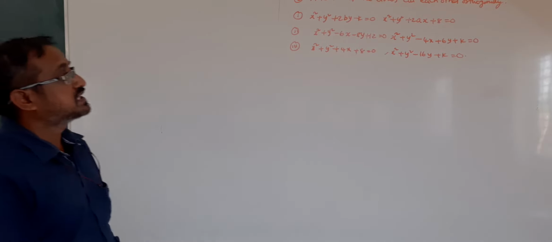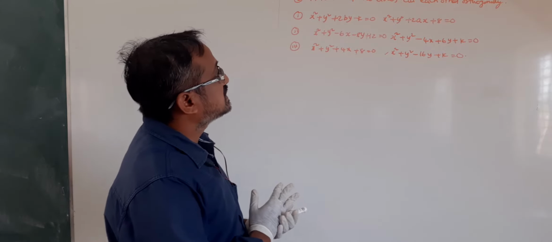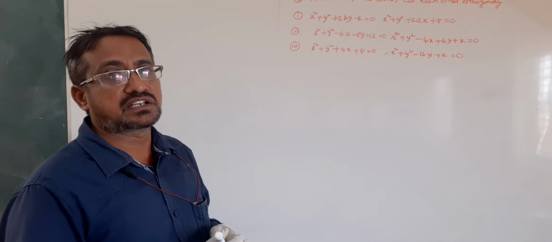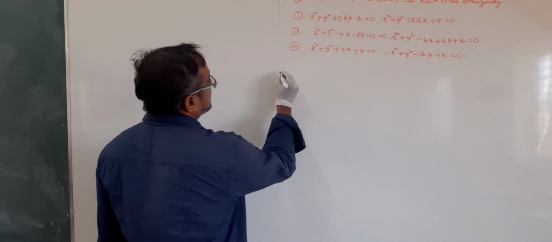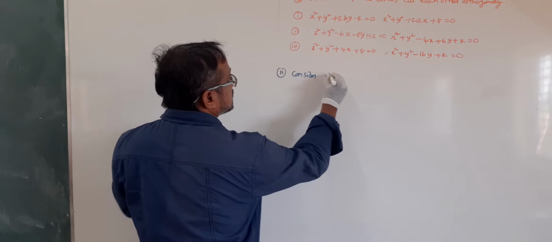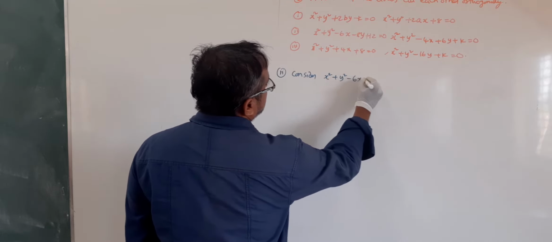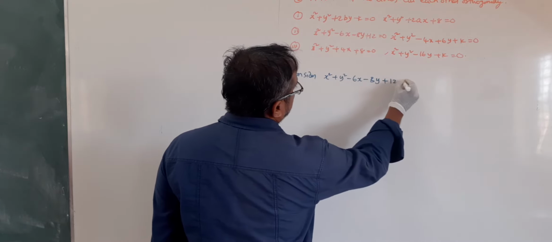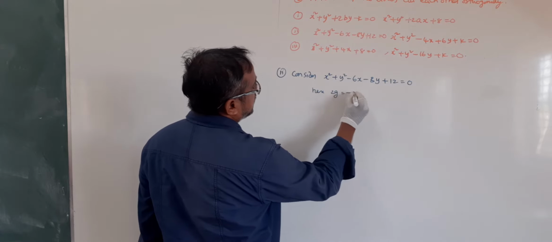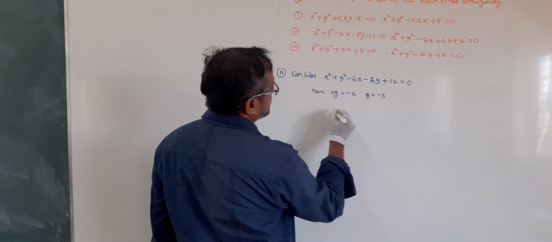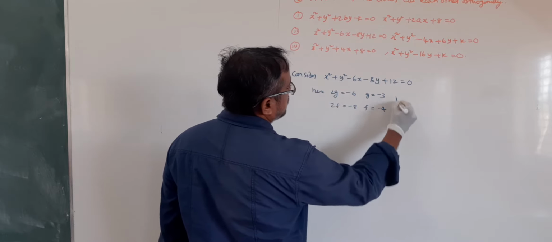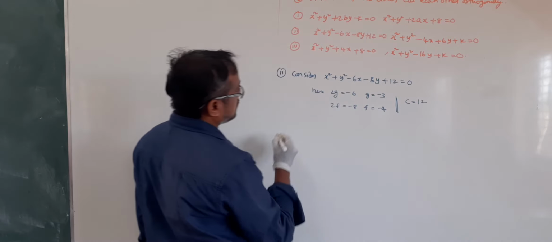So next problem is find the value of k if these circles cut each other orthogonally. We have to find that value of k. Now let us consider x square plus y square minus 6x minus 8y plus 12 equal to 0. So here 2g is equal to minus 6, g is equal to minus 3, 2f is equal to minus 8, f is equal to minus 4 and c is equal to 12.